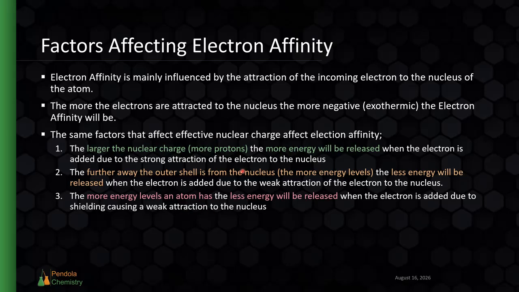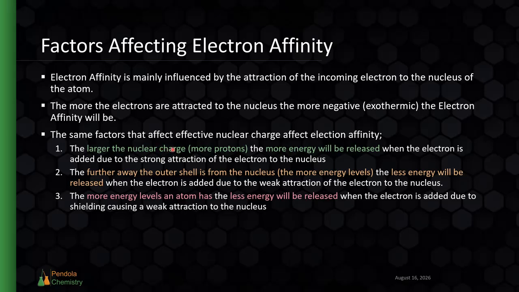So we can talk about these factors that affect electron affinity, just like we talked about the factors that affected ionization energy and atomic size. It's just going to be a matter of the number of protons, the size of the atom, and the number of energy levels or shielding. So when you're talking about this, just think to yourself, how do these factors affect the attraction of the incoming electron to the nucleus?